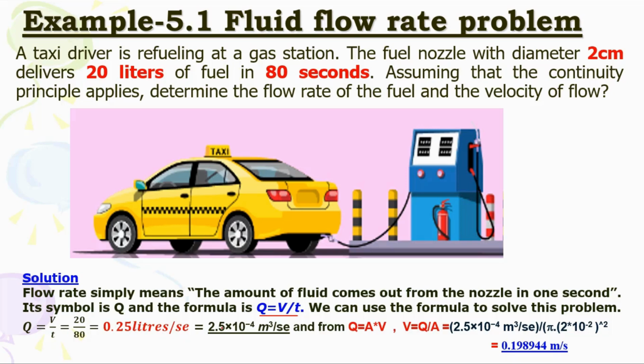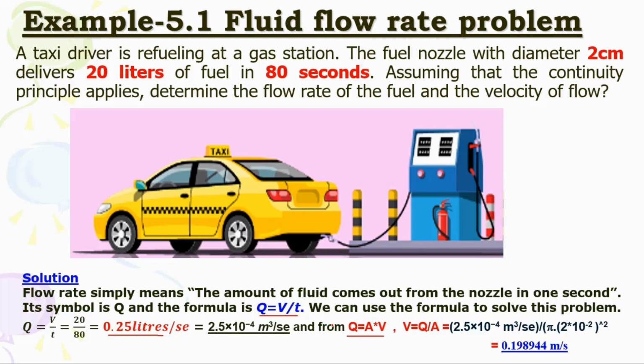You get the flow rate as 0.25 liters per second. If you convert into meter cube per second, you find 2.5 times 10 to the power -4 meter cube per second. And from the continuity equation, discharge equals area times velocity.